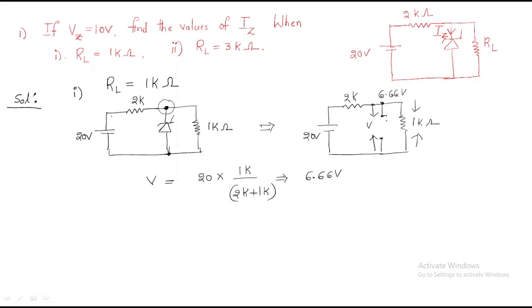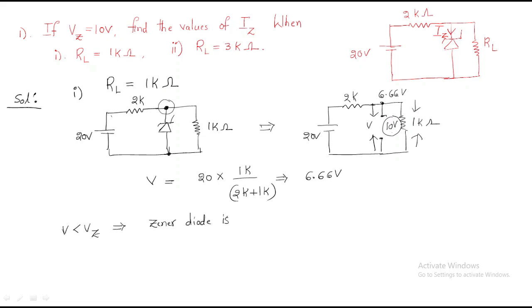But what is the Zener voltage? 10 volts. The given Zener voltage is 10 volts. 6.66 volts is less than the 10 volts. So the terminal voltage V is less than the Zener voltage. Then the Zener diode becomes open circuit.